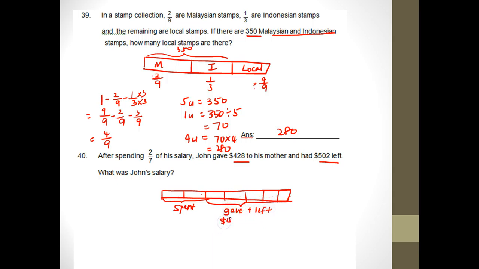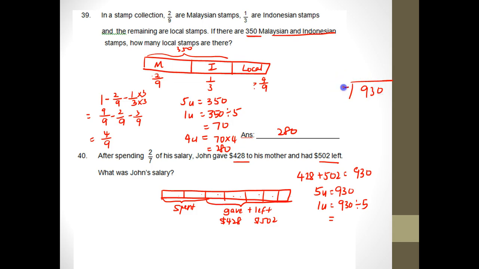Gave to the mother is 428, left is 502. So first I need to add 428 plus 502, which will give me 930. There are 1, 2, 3, 4, 5 units. So 5 units is 930. 1 unit will be 930 divided by 5.